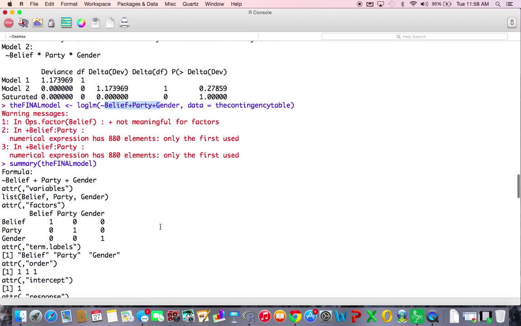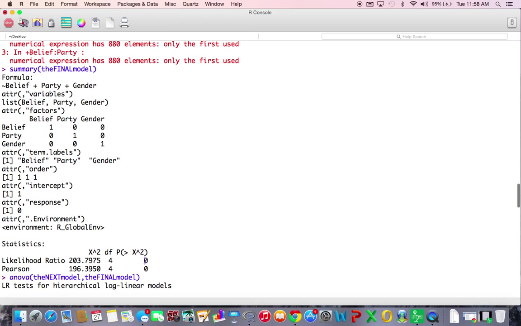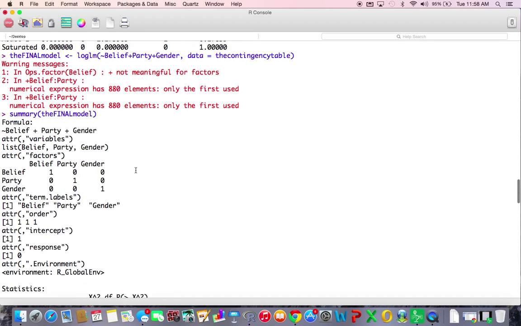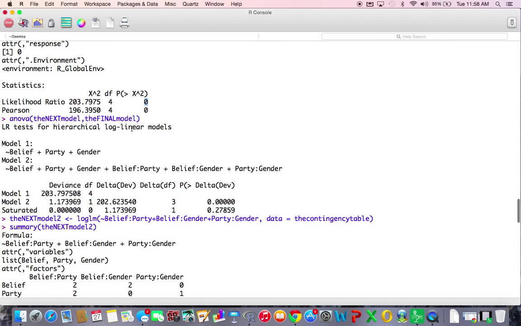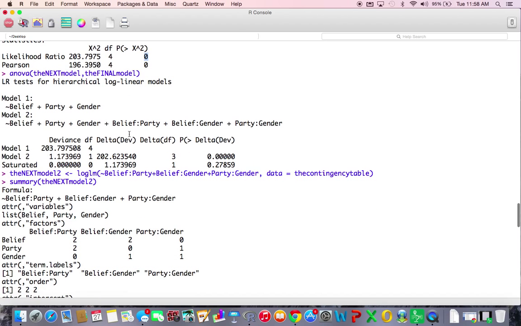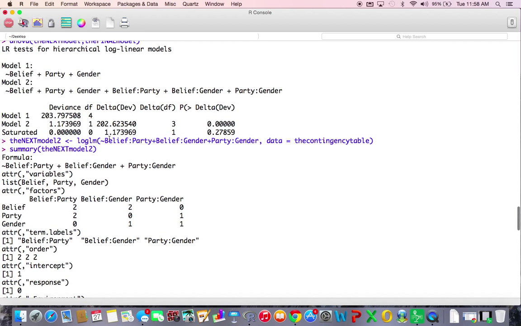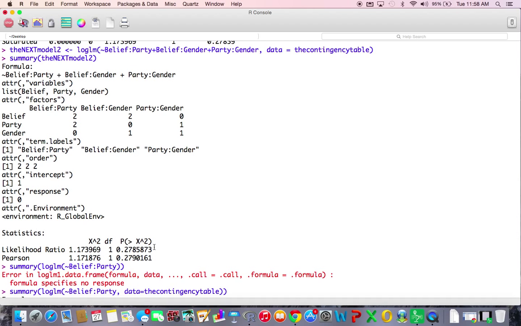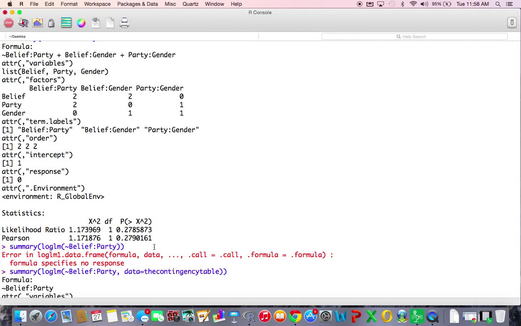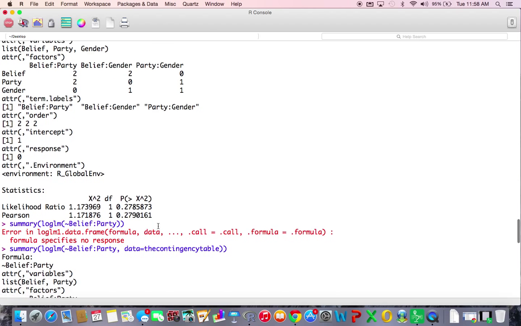Well, when I look at that, I get statistical significance, which tells me that I need to return to the previous layer, the previous examination, which were the two-way interactions. Once I see that, that tells me that I need to examine the two-way interactions independent of the others. And you can see when I ran the next model again that I get non-statistical significance, which means I need to delve into that examination more.